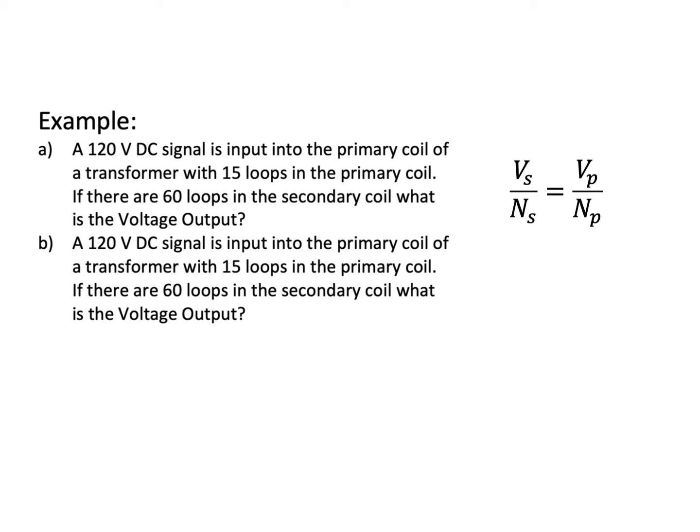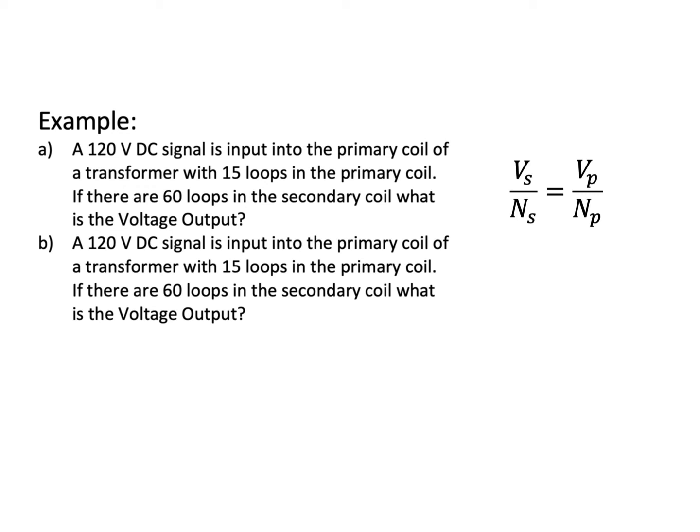Now let's look at an example where we can use this equation to do some quick calculations. So part A of the example says a 120 volt DC signal is input into the primary coil of a transformer with 15 loops in the primary coil. If there are 60 loops in the secondary coil, what is the voltage output of the transformer, i.e. the voltage coming out of the secondary coil?